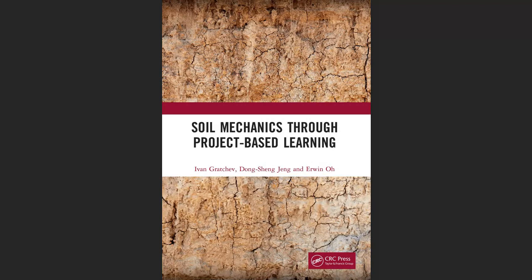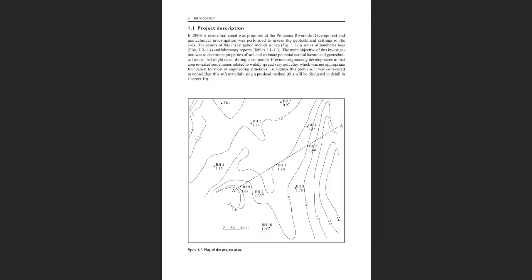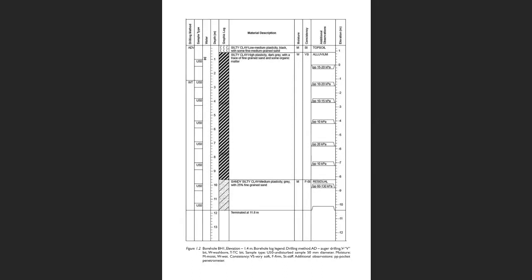So you will see, your first project will be, I wouldn't say very similar, but quite similar to what is written in the book. So you'll be given the map, and you'll also be given these borehole logs. Something that I talked about this morning. And then you see it has all this information. The borehole logs will be different.